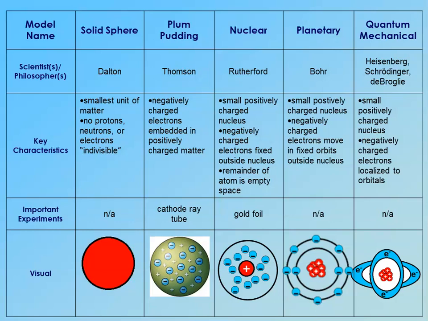Dalton's model was first developed in the early 1800s. The rest of these came about in the late 1800s to the early 1900s. And close to 100 years later, we might be doing some slight refinements with our quantum mechanical model, but we still hold most of it today as what we thought it was over 100 years ago.